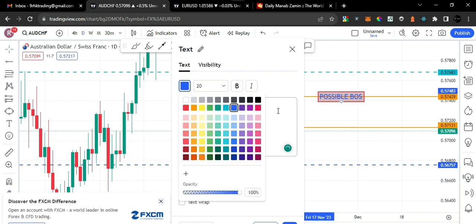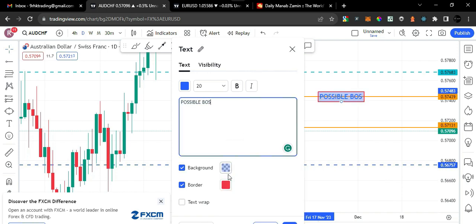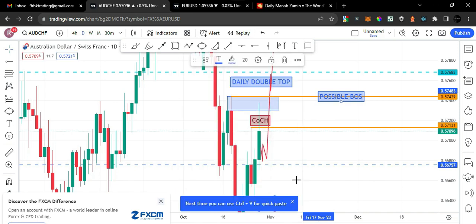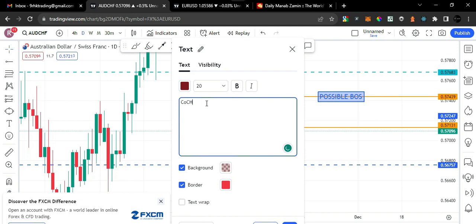And if it breaks this structure with the body, not with the shadow, I repeat it again, the breaking or change of character and break of structure, let me put it with more clarity. Change of character in 4 hour TF.